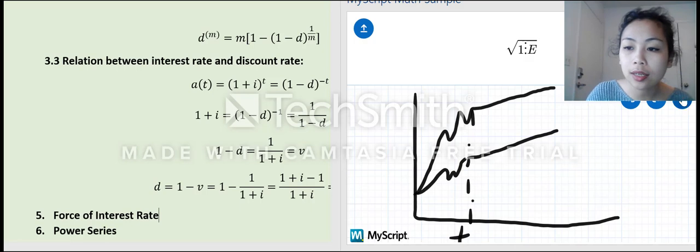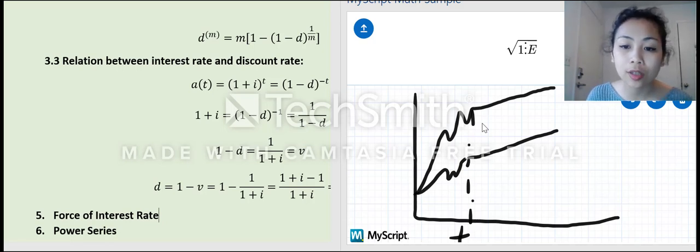If you compare these two accumulation functions at time t using the effective rate and discount rate, these two functions basically give the same effective rate and discount rate.